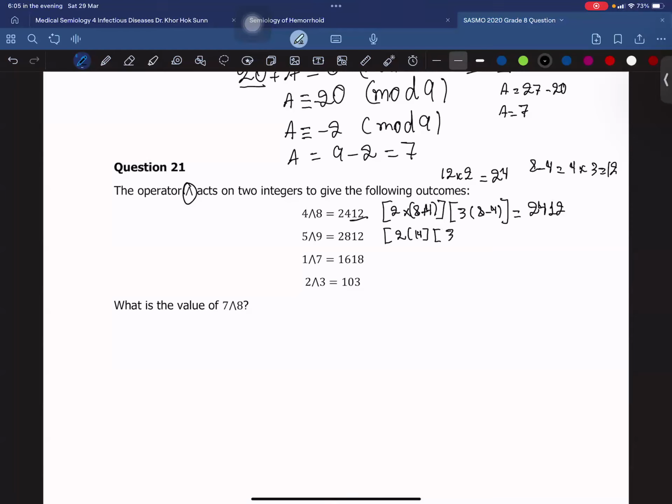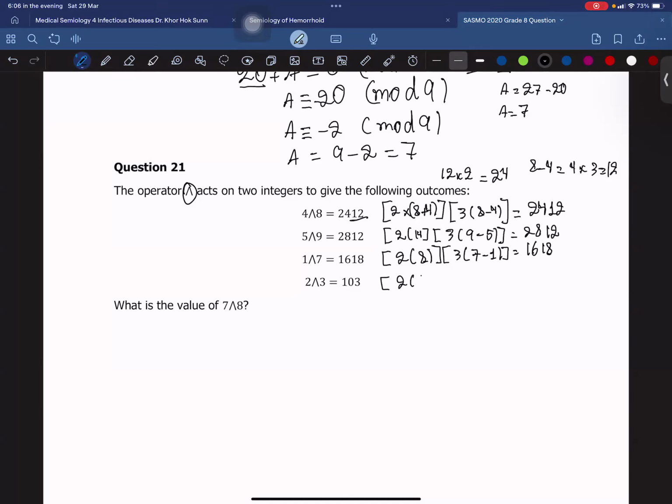Okay, so what if we apply the same thing? 9 minus 5. So it's going to be 28, and 4 times 3 is going to be 12. The same. Oh, it worked. So it looks good. So it's going to be 8. 3 times 7 minus 1. Oh, it looks good. Yeah, 16 and 18. Looks good.